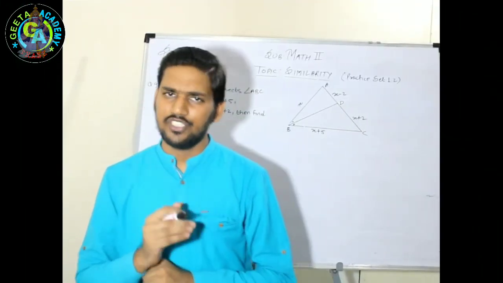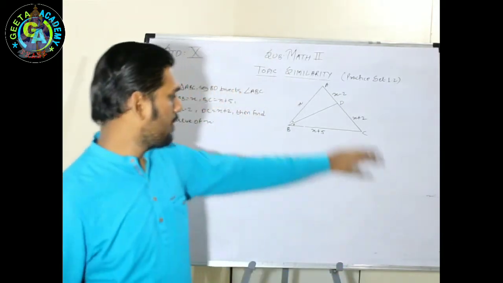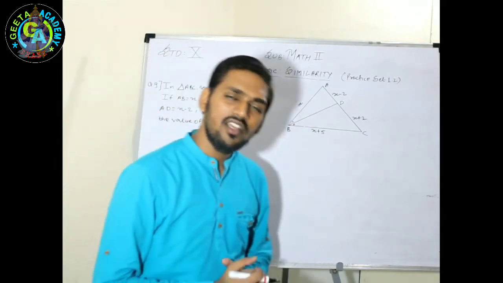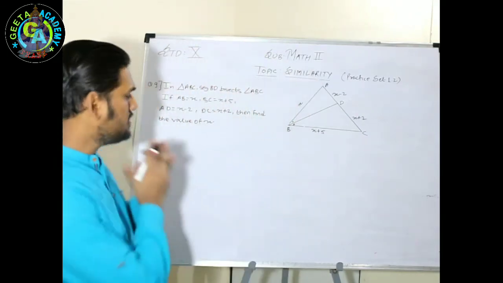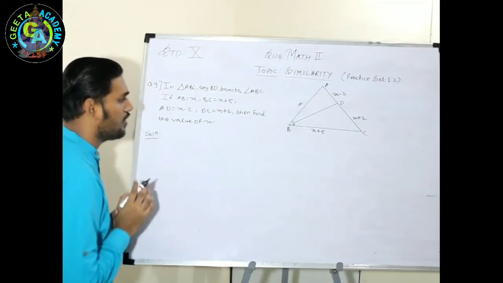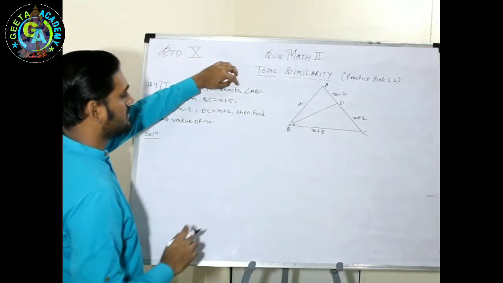Now when you see, you will find that question number 9 is also related to your angle bisector, because here angle bisector is given. So this sum is also based on the angle bisector property. Let us try to solve. Now what is the question saying? In triangle ABC, BD bisects the angle ABC.